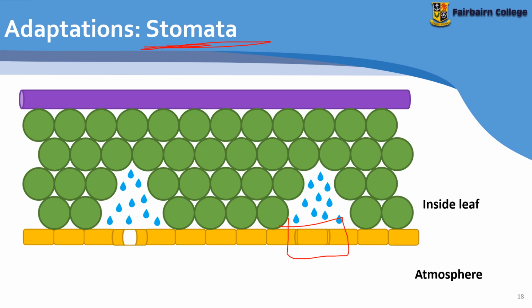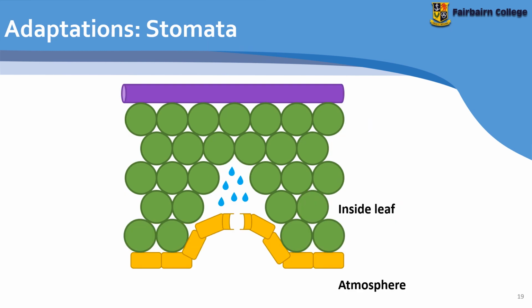And then the last one we're going to look at is sunken stomata. So a sunken stomata is, as the name suggests, just a stomata that is a bit indented. So the stomata sits a bit deeper in the leaf. And this creates a cavity where water will collect, which will reduce the diffusion gradient and reduce the rate of transpiration.